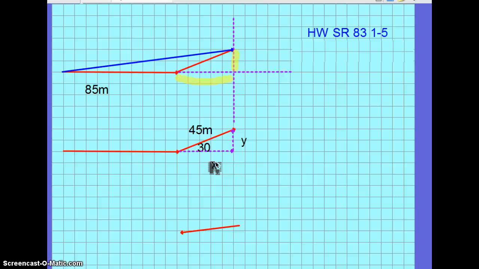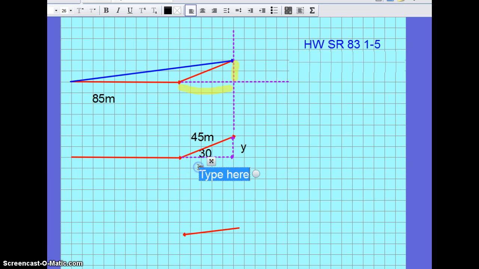That would give me the adjacent line here of x. Cosine is the adjacent over the hypotenuse, so that's why we can do this. So that's going to give me 39 meters right there. And then following the same logic over here, 45 sine of 30, and I get 22.5 meters right there.